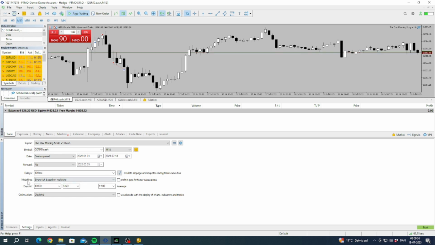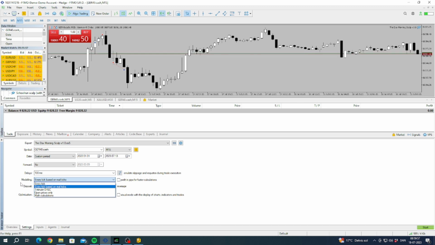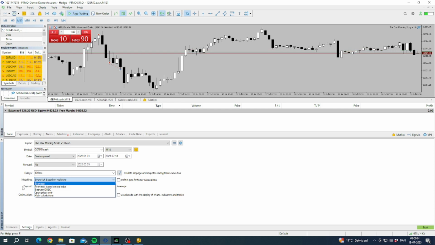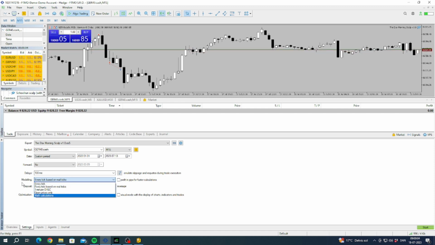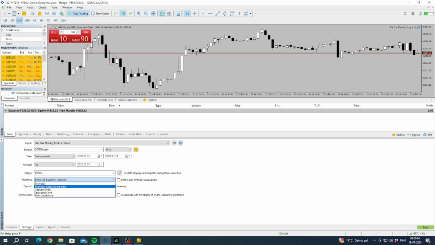We will be using the every tick based on real ticks modeling method, which is the most accurate method you can possibly use because it utilizes real tick data from your broker. You should always use this modeling method if you want to have the most accurate backtesting results. Do not use the every tick method or any of the other modeling methods, as they are not really reliable.